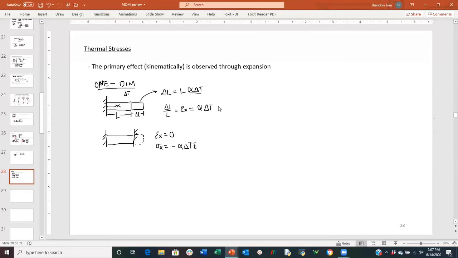All right, so we're going to go ahead and write a full constitutive model to derive this, so you'll see how we get to these equations here.